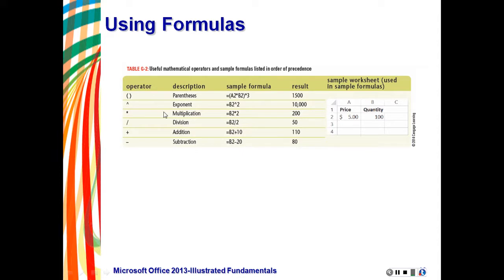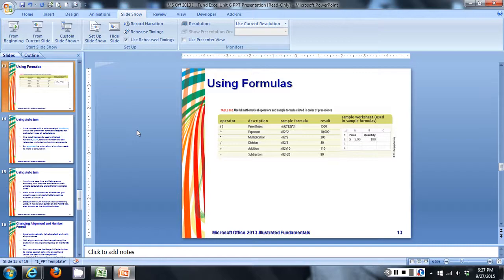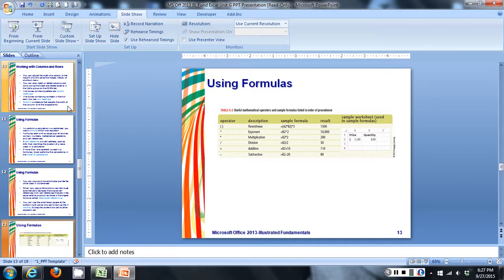And the acronym Please Excuse My Dear Aunt Sally comes from the first letter of each word in that series. Parentheses, exponent, multiplication, division, addition, subtraction. Please Excuse My Dear Aunt Sally. So that's where that comes from. Okay, so that's table G2. You can find that in your textbook in Unit G.